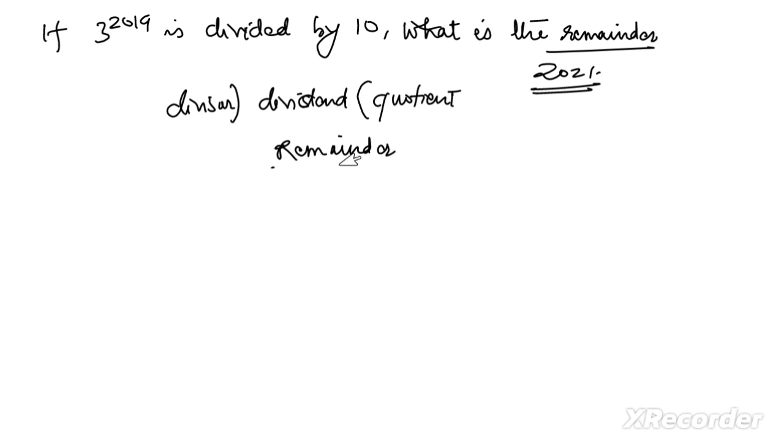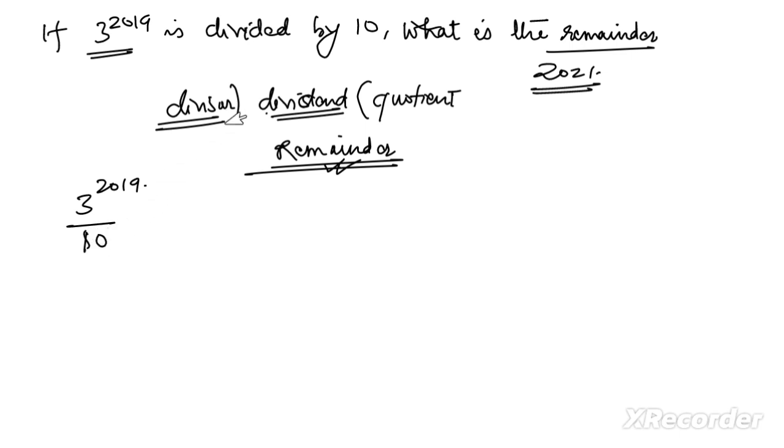What I am trying to say is, your divisor is always smaller than the dividend, and the remainder should be less than the divisor. That's why this is a remainder. So whenever 3 power 2019 is divided by 10, we have to find the remainder. If this is 3, when 3 is divided by 10, obviously that is the remainder.